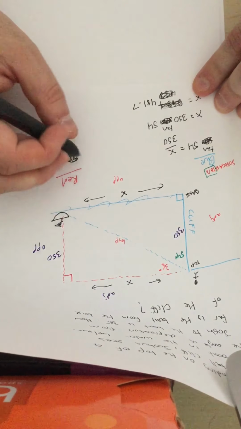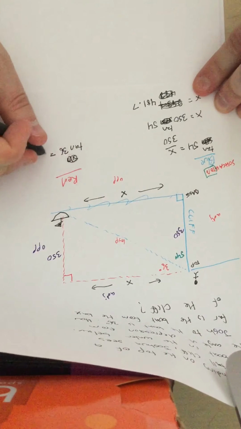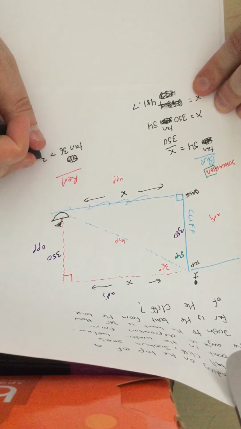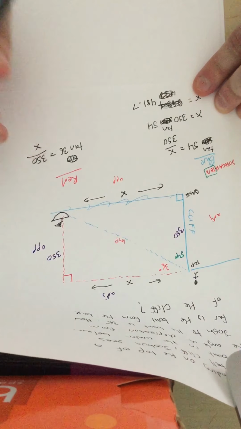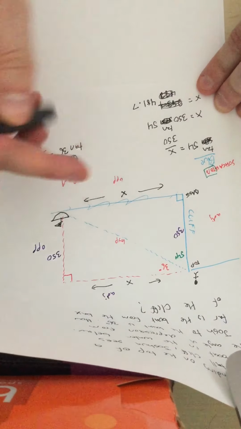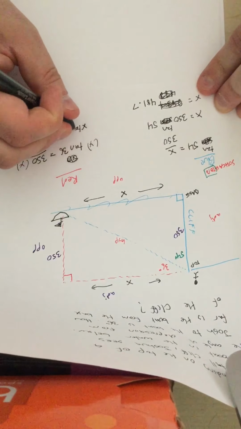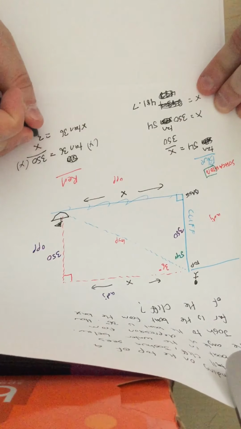For the red triangle, we're going to have the tangent of 36 equals opposite over adjacent, which is going to be 350 over x. And this is one of the ones with the x on the bottom, which is a little bit trickier. So then we multiply both sides by x. So x tan 36 equals 350.